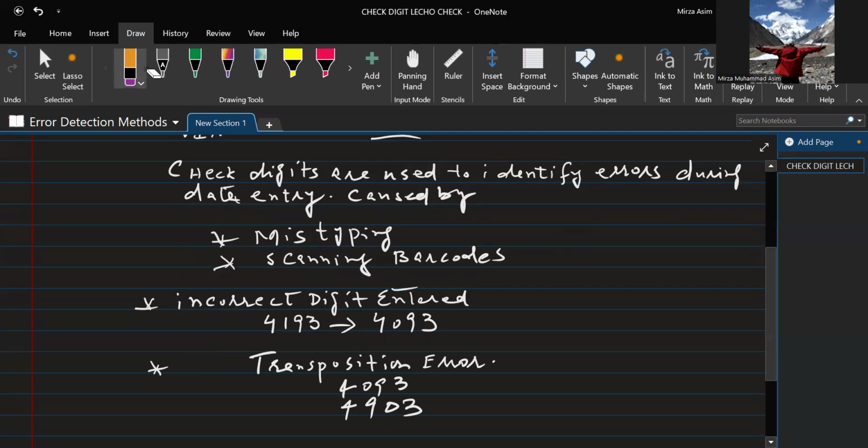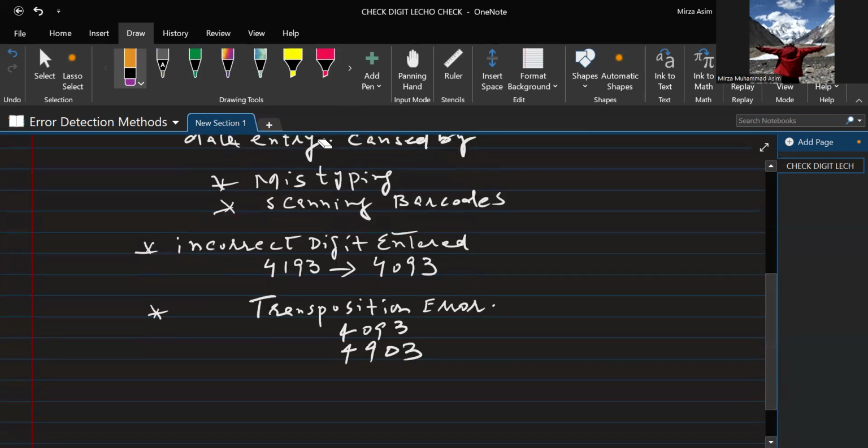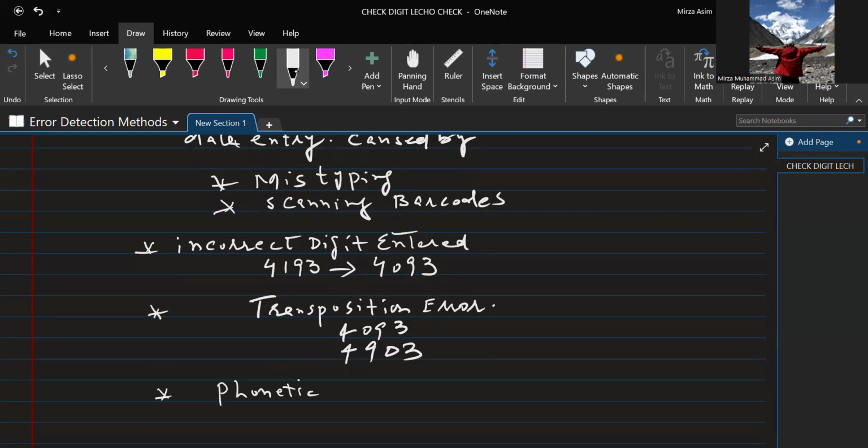The third error is the phonetic error. For example, 30 instead of 13.